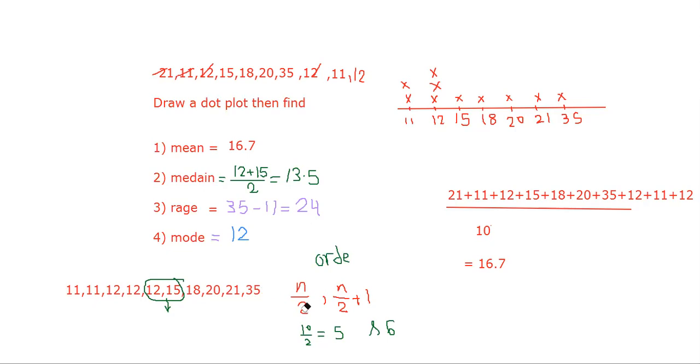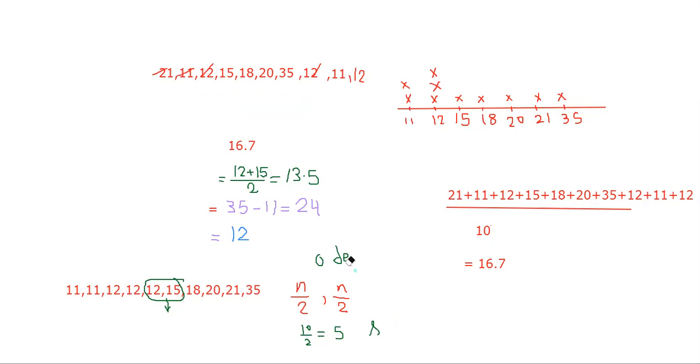We will add the first quartile and third quartile, right? How will we find the first quartile and third quartile? Already we have the median for the set of data, right? The median was the 5th and 6th.